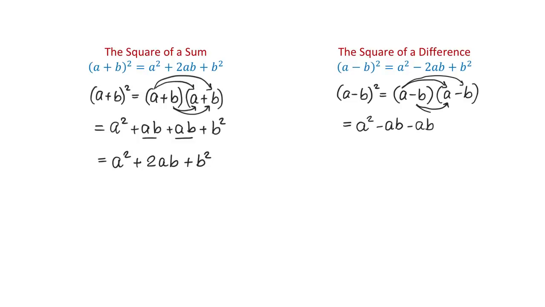And negative b times negative b will be positive b squared, because negative times negative is positive. In the middle, a negative ab and another negative ab will be negative 2ab. So that will be equal to a squared minus 2ab plus b squared. So as we see, (a − b)² equals a² − 2ab + b².